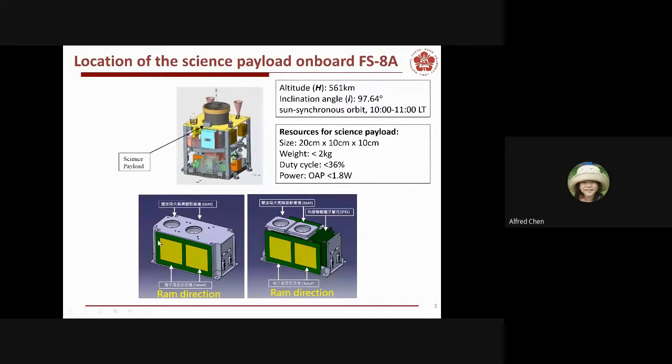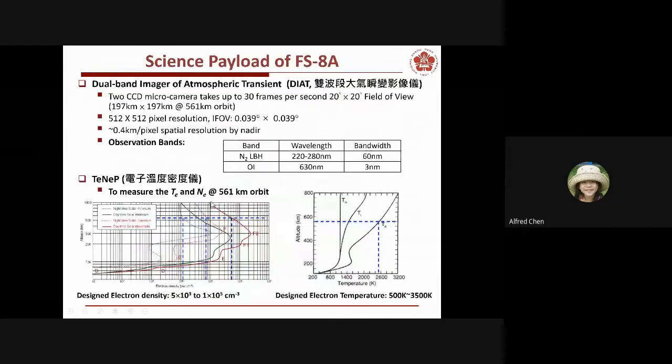So the TNEP will face the ram direction, and the camera will point to the nadir direction. I give some information about the payload first here, and then we will have more discussion in the later slides. DIAT is the dual band imager of atmospheric transient, in Chinese 双波段大气瞬变影像仪.